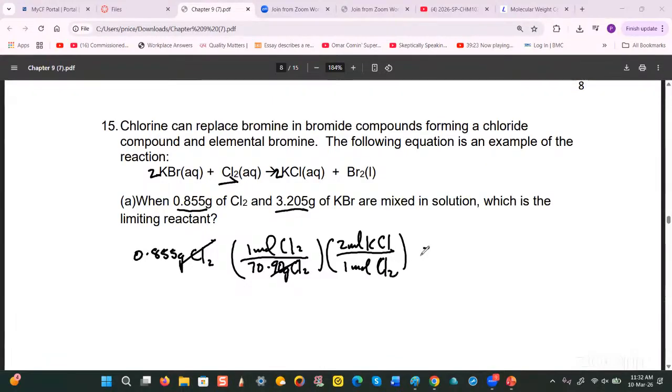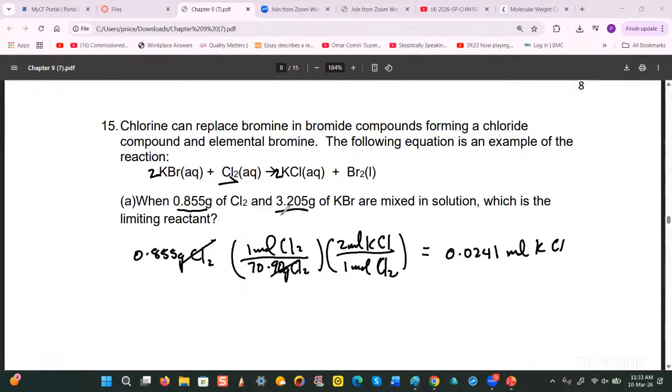And then I will work that out: 0.855 divided by 70.90 times 2. According to my calculation, rounded off to 3 sig figs, that's going to be 0.0241 moles of potassium chloride. All right.